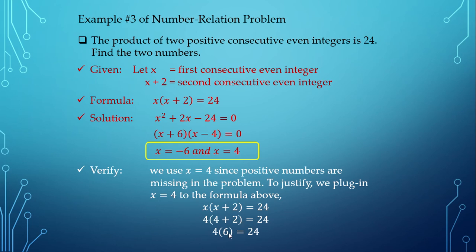So 4 plus 2 is 6, times 4 outside, is equal to 24. If x is 4, therefore the value of x is 4 as the first consecutive even integer. So our second consecutive even integer is 4 plus 2, which is 6. So the numbers are 4 and 6.